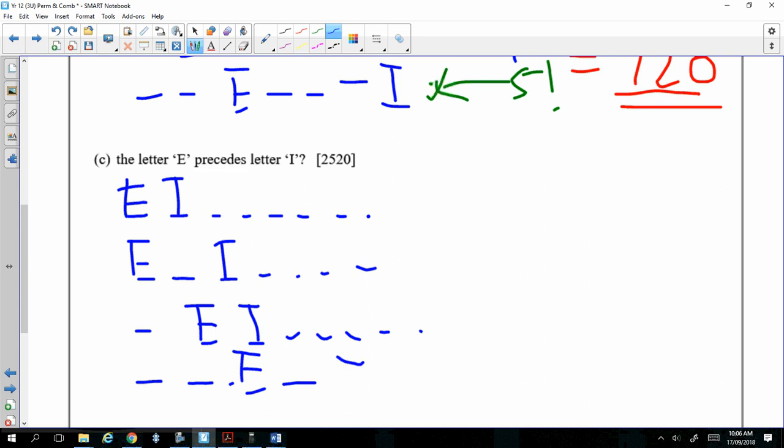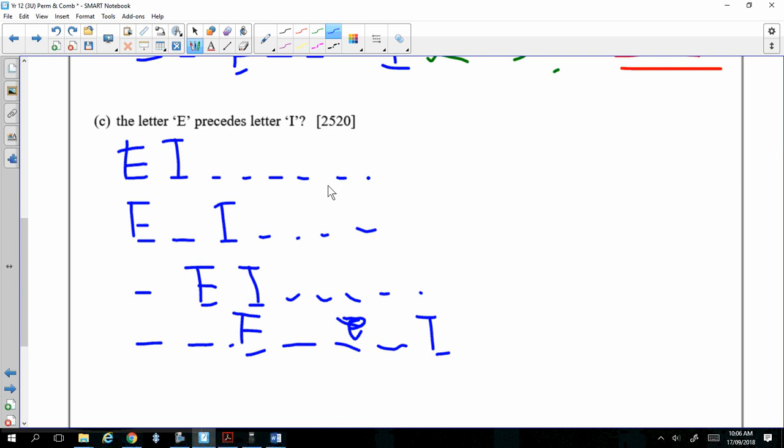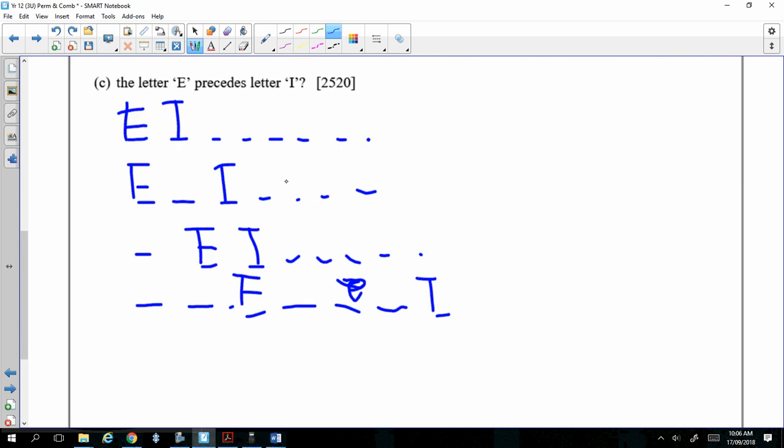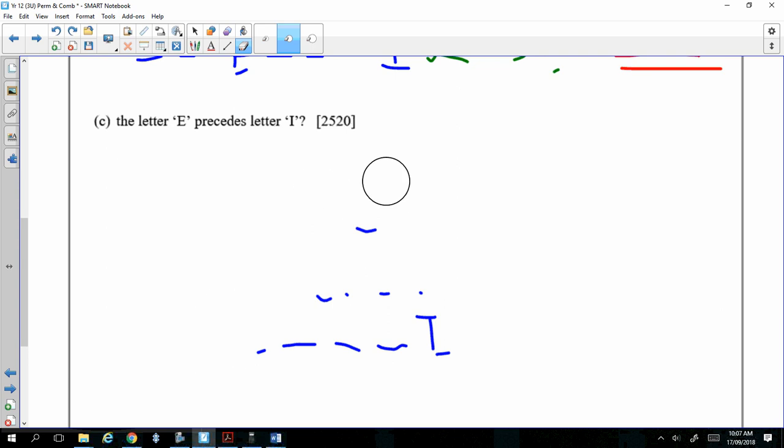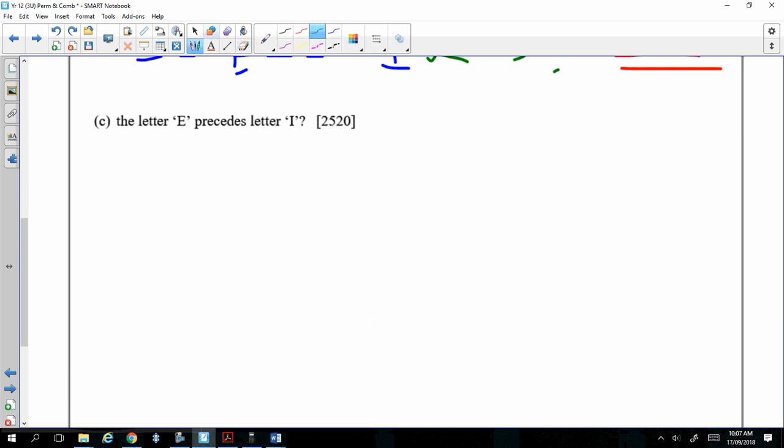So you look at the case where there are 3 gaps between them. So what you do is this. You look at the case where there are no gaps. So if there are no gaps, so it's EI. So how many ways? So 1 to 5 factorial times, actually think of them together, so it's 6 factorial. 6 factorial and then times 2 because they could be together.